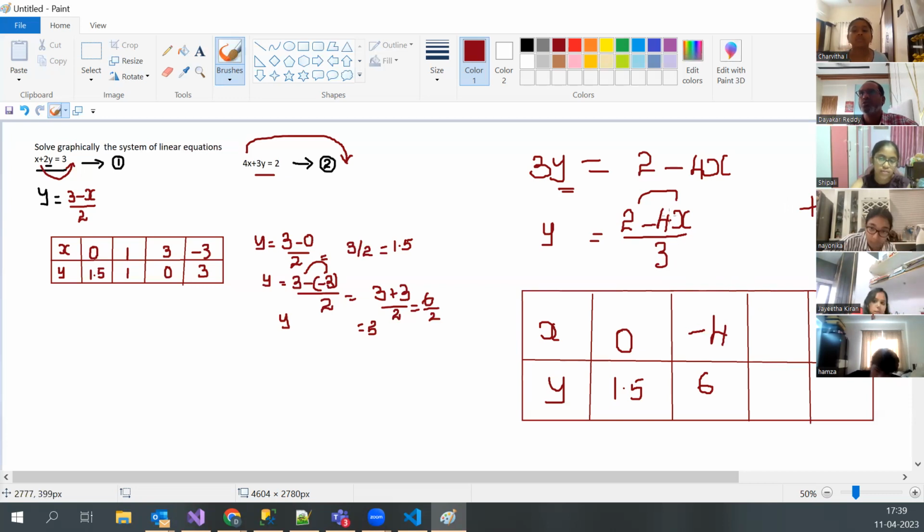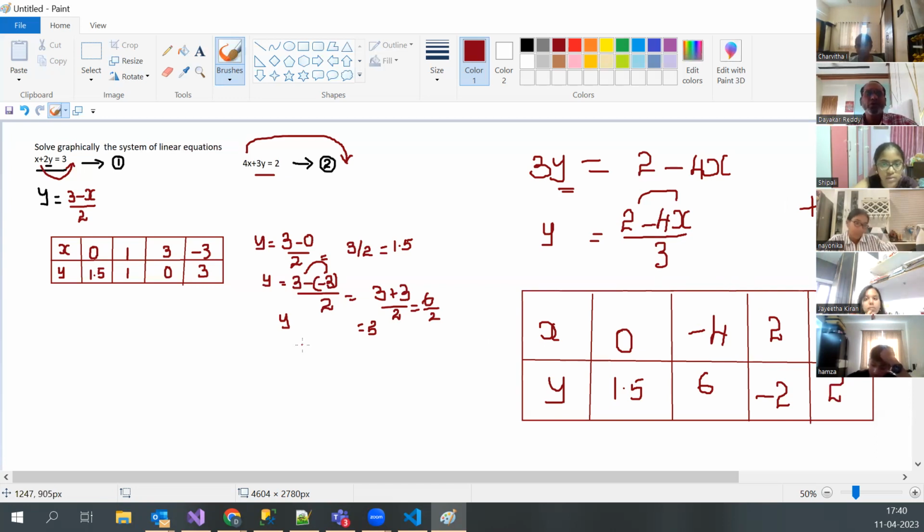Let's take plus 2. What will happen? 4 twos are 8. Minus 8 plus 2 is minus 6. Minus 6 by 3 is minus 2. What else? Minus 1 and 2. Minus into minus plus, 4 ones are 4, 4 plus 2 is 6, 6 by 3 is 2. Right.